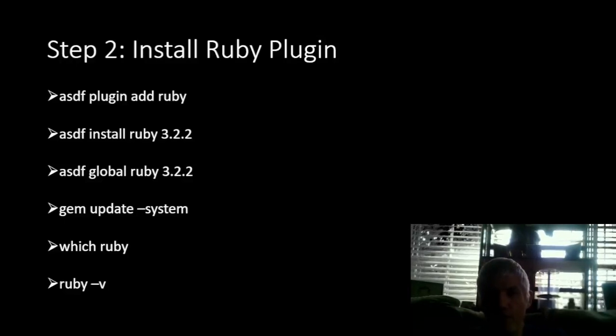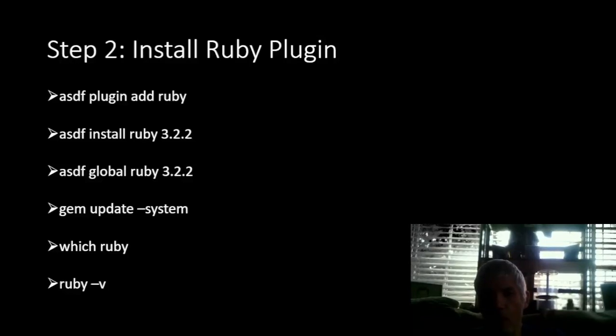Then we're going to set that to be the global Ruby version by typing asdf global ruby 3.2.2. We're going to update the gems on our system by typing gem update --system, and then we're just going to verify where Ruby is installed and what version is installed.